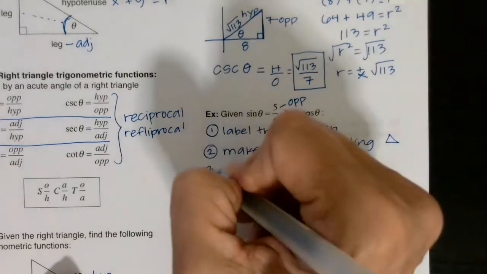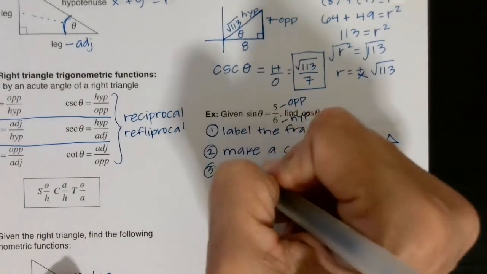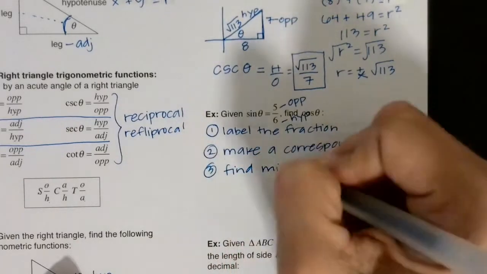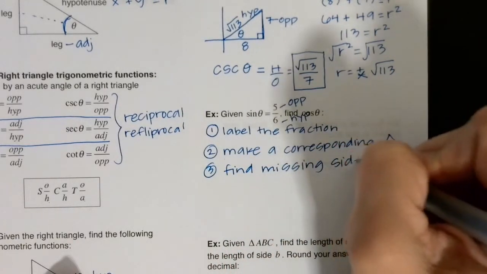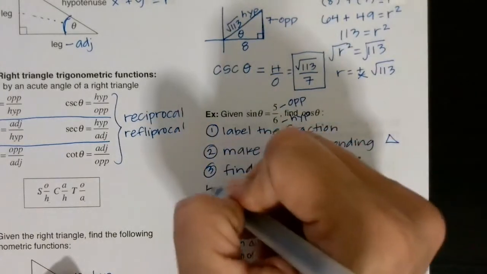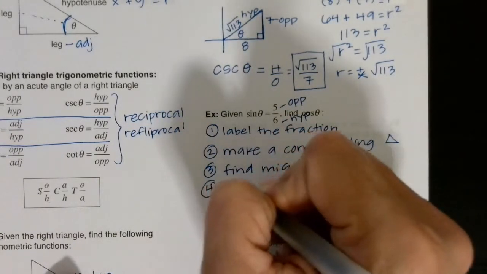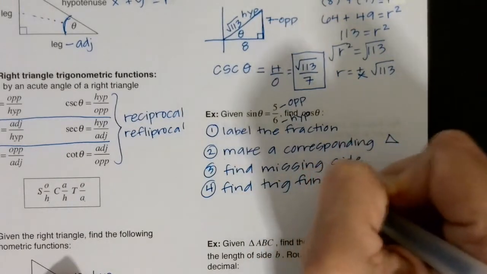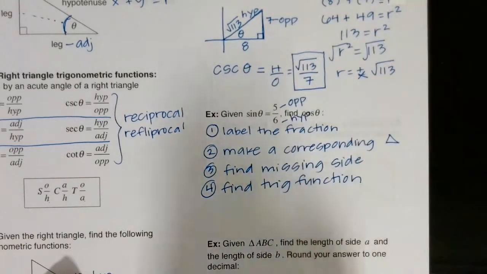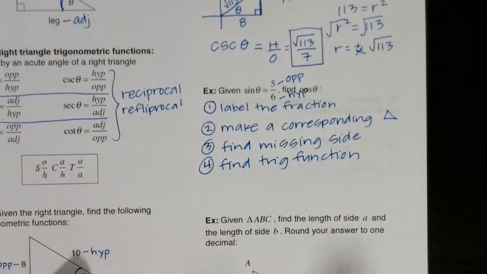Then we're going to find the missing side. And then we are going to find the trig function. So I just took up a lot of room to write those steps, but we are fine.